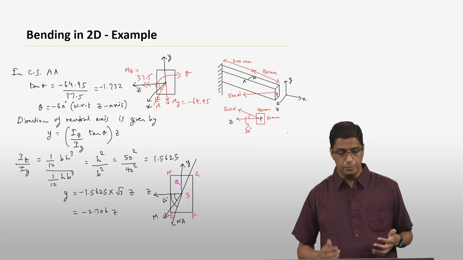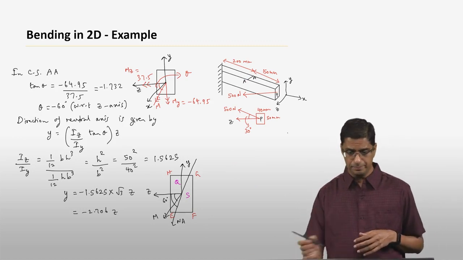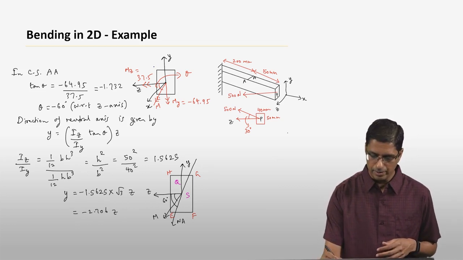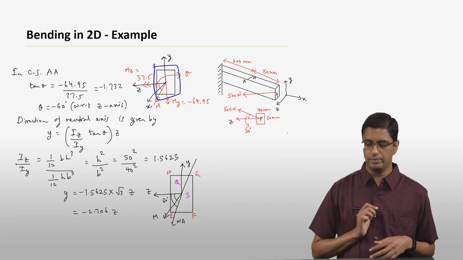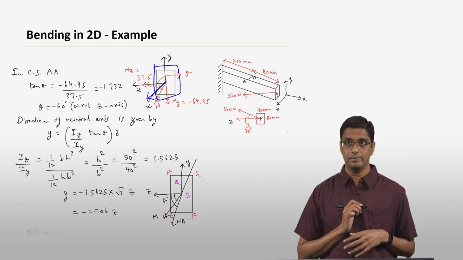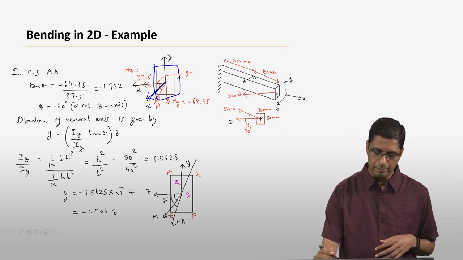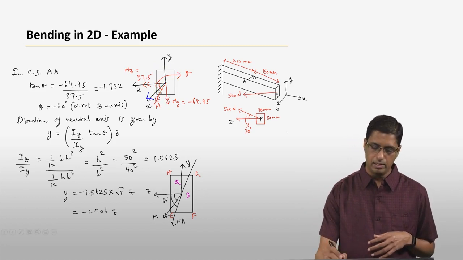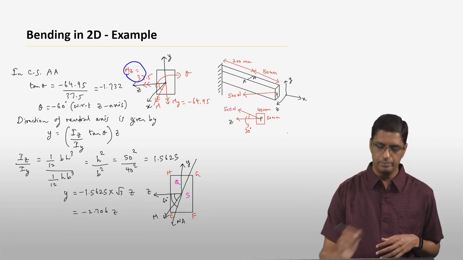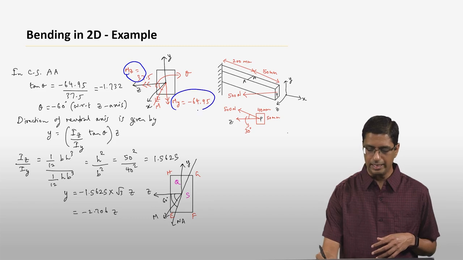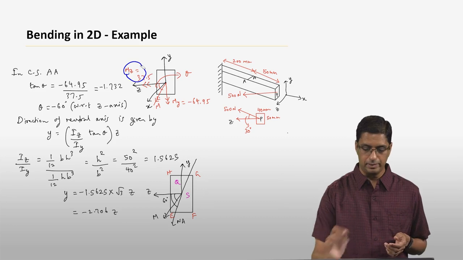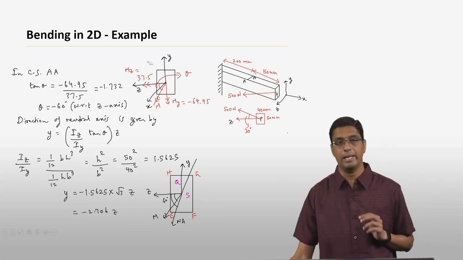Now if you look at this cross-section as I have drawn here, the normal to the cross-section is along the positive x-axis, and based on our convention, Mz is positive and My is negative. That is what we found in the previous part.